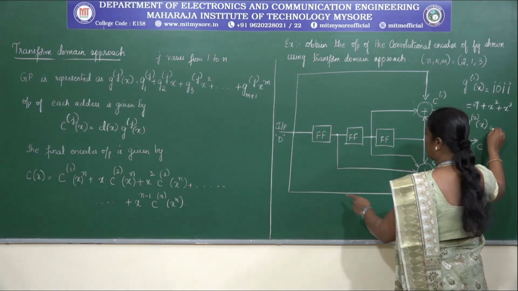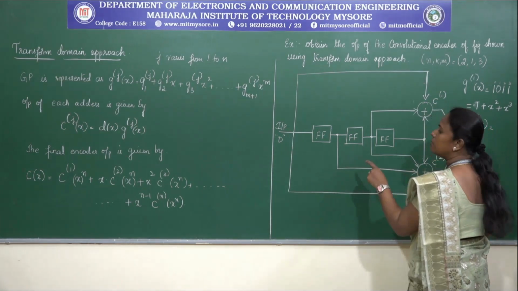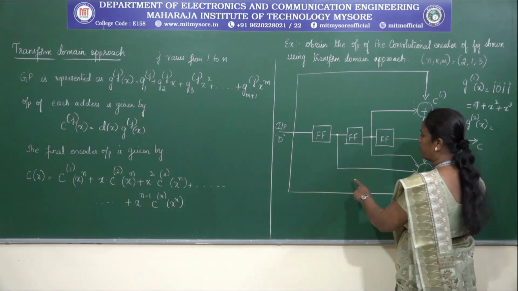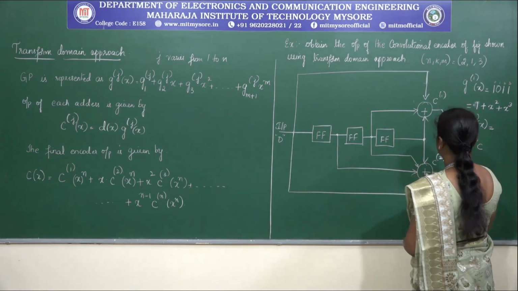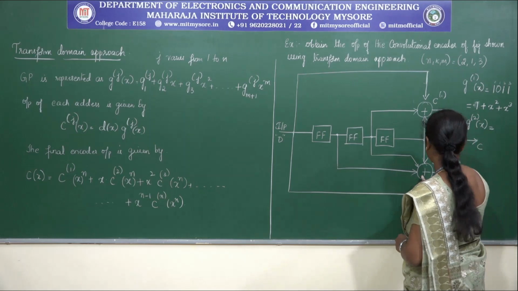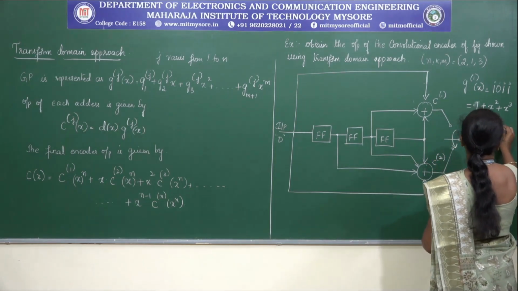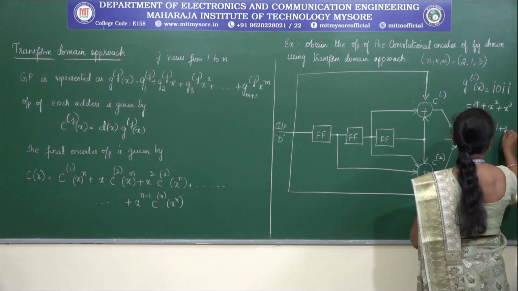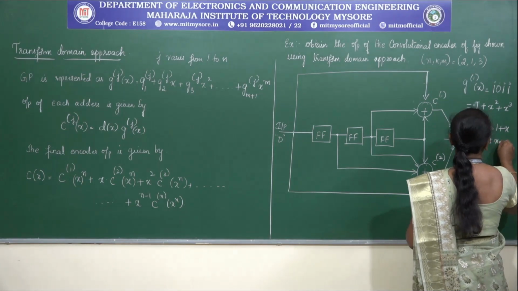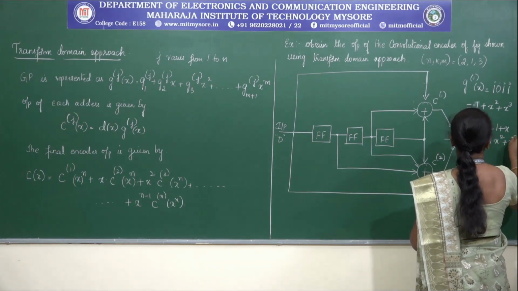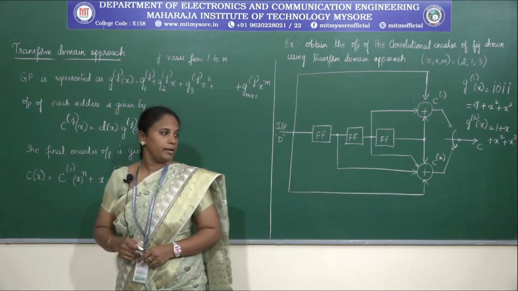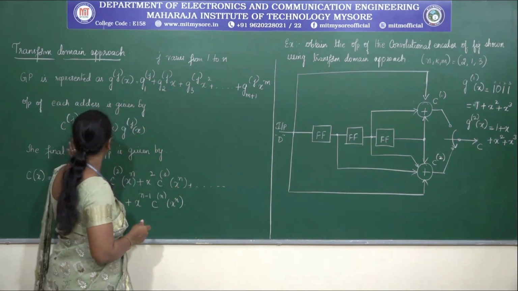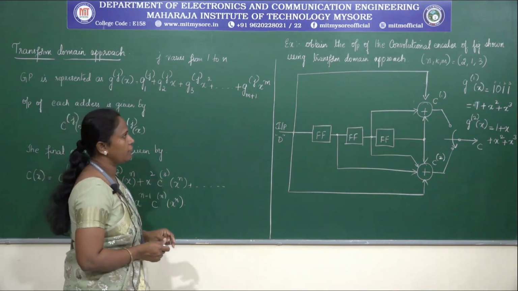g2(x) is all 1, since we have all the connections from the flip-flops, that is, the outputs of the flip-flops are all connected to the adder C2. So it will be 1 plus x plus x squared plus x to the power of 3. Now we need to find C(x) = d(x) g(x).